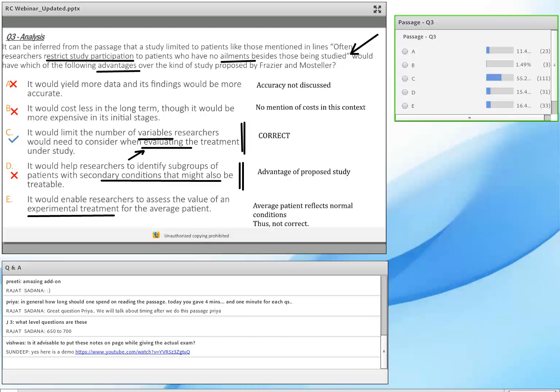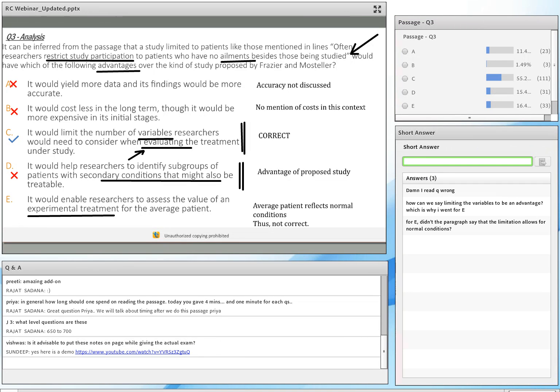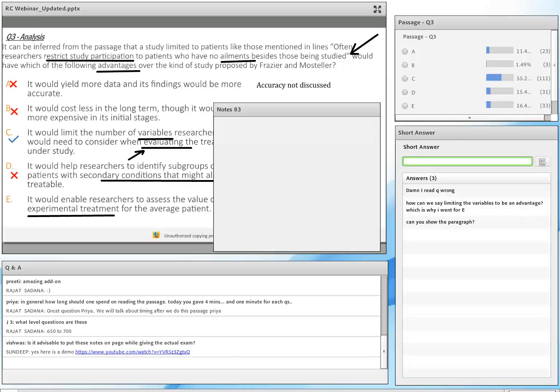So the question is, how can we say limiting variables is an advantage? I think the thing where you're failing is to understand what you're supposed to respond to. Let's just look at this. Let's say there are two ways to go to office.